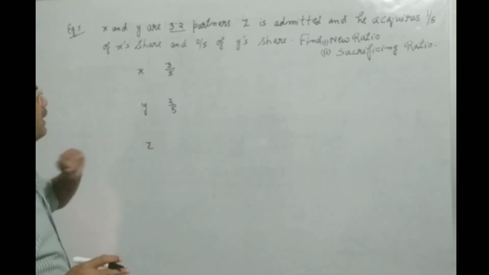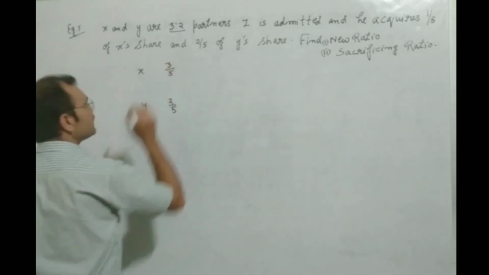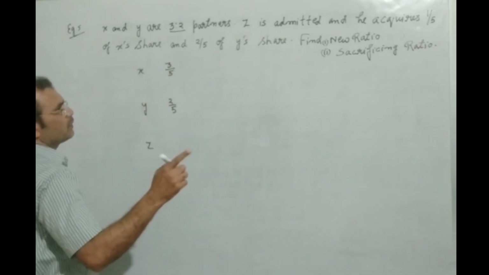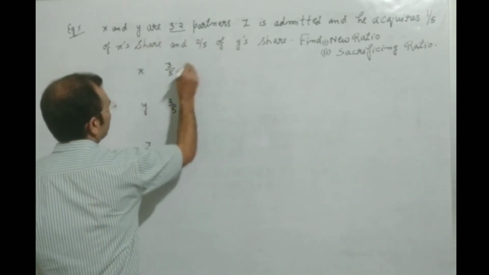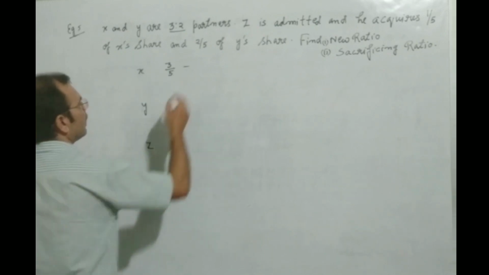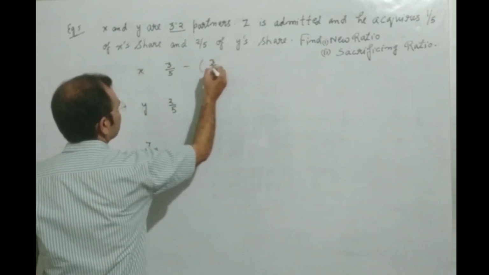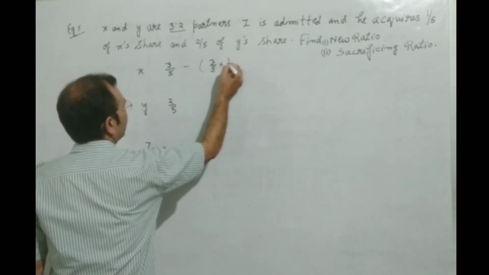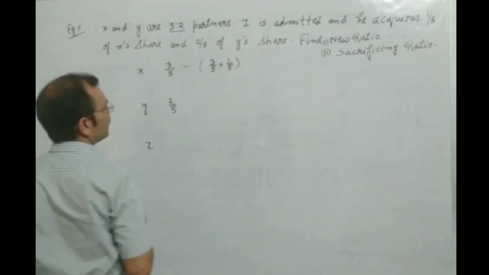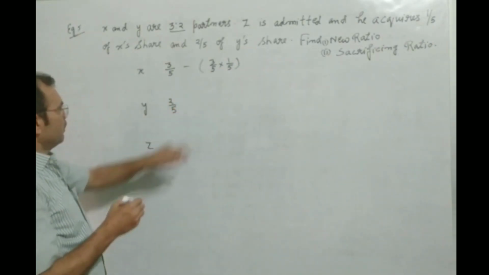How will we find it? X will have to sacrifice 1/5 of his share, minus sign in the bracket. Whatever the share of X is, 3/5, we will find 1/5 part of it.